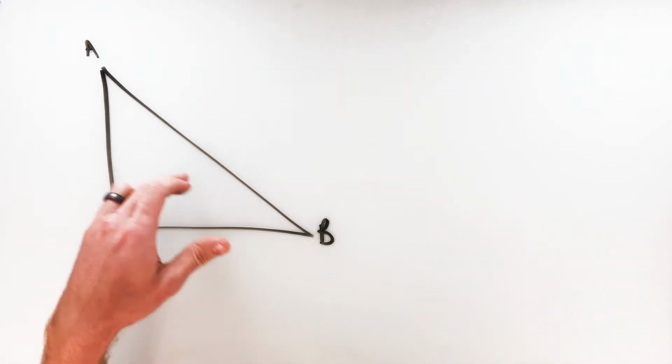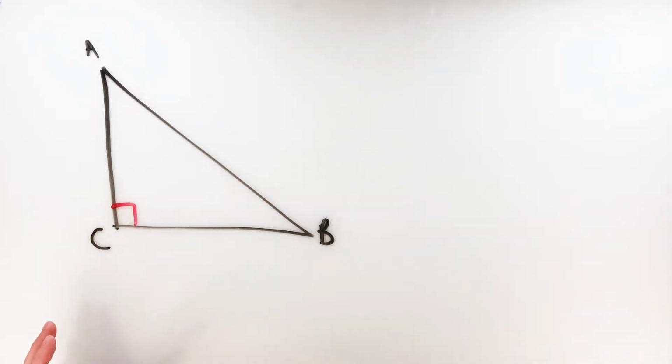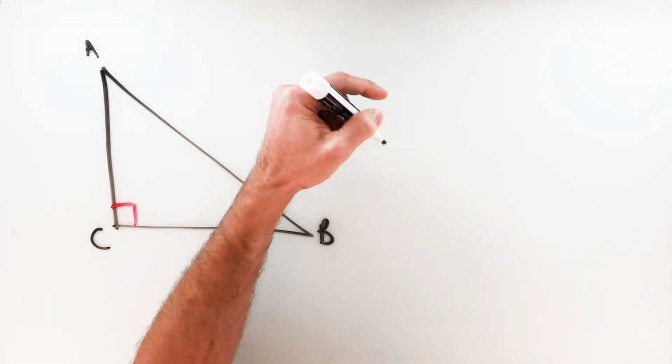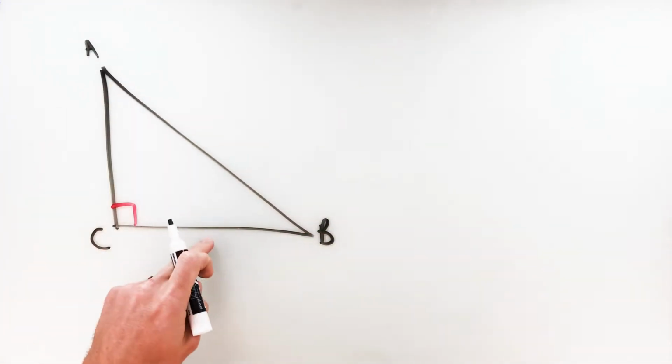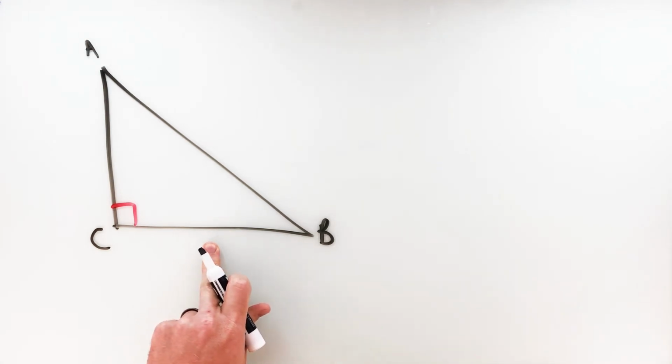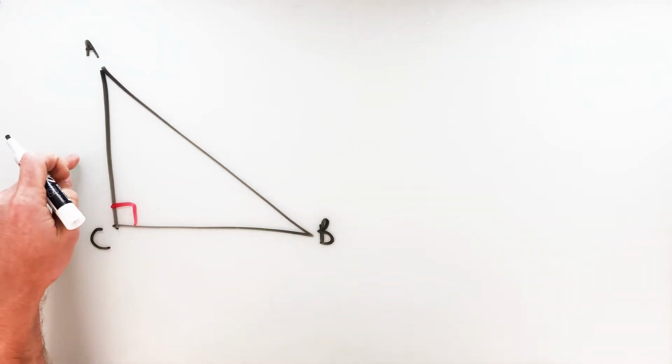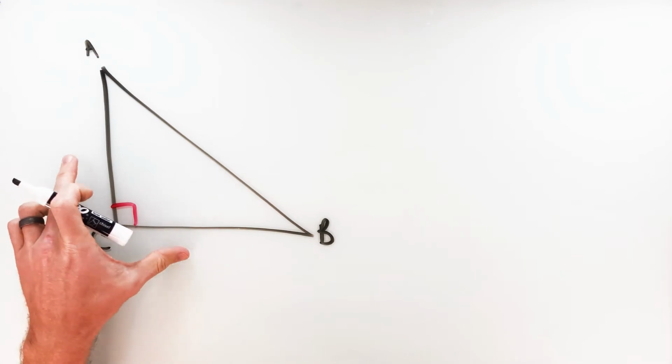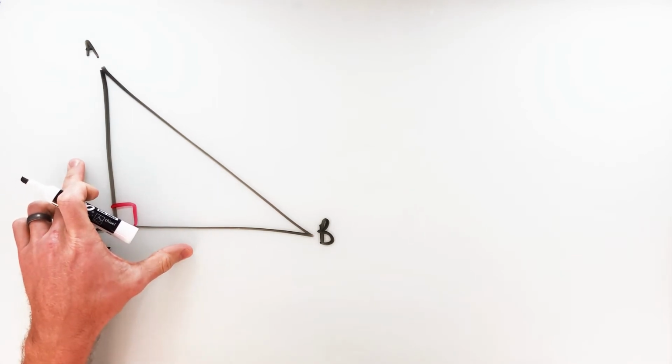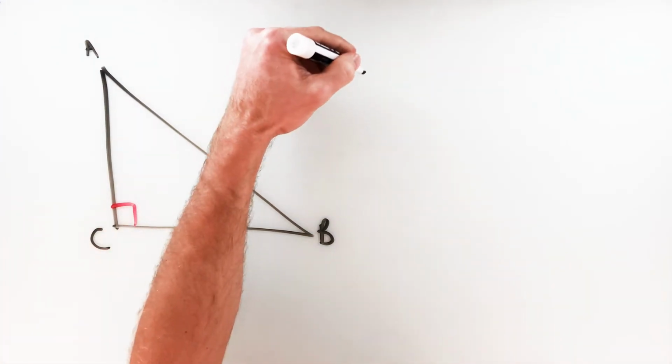Okay, so for any given pair of complementary angles A and B, there's a whole family of similar right triangles that behave in the same way. Namely, that the leg opposite of angle A over the leg adjacent to angle A must be constant. Okay, so this is what's known as the tangent ratio.